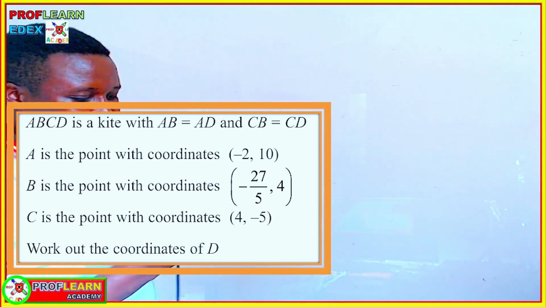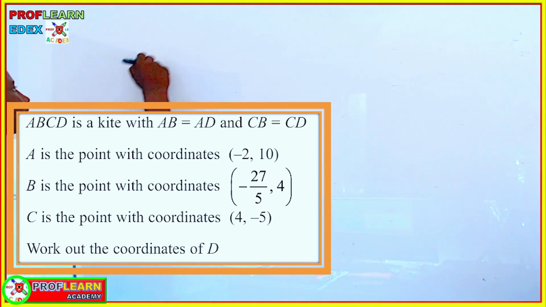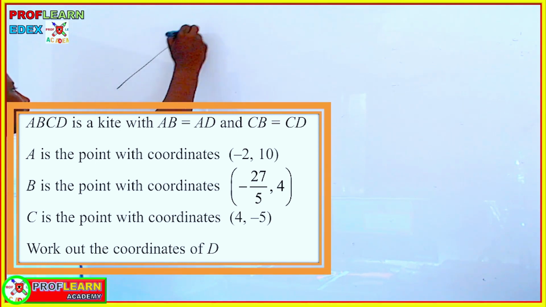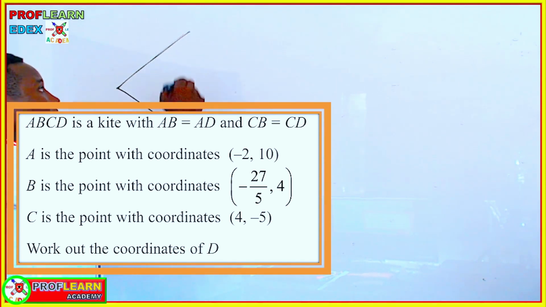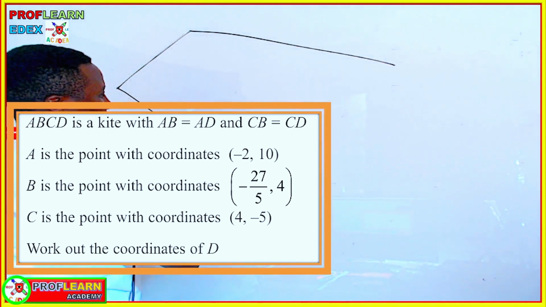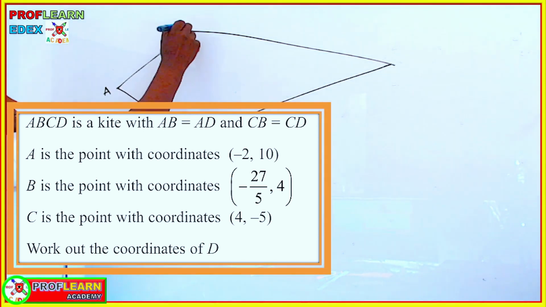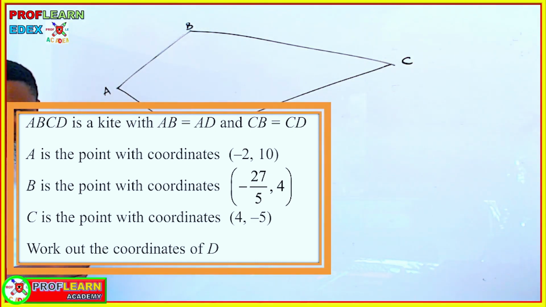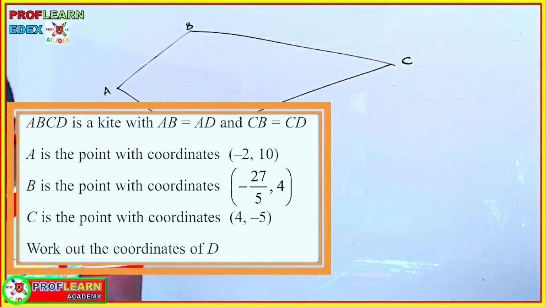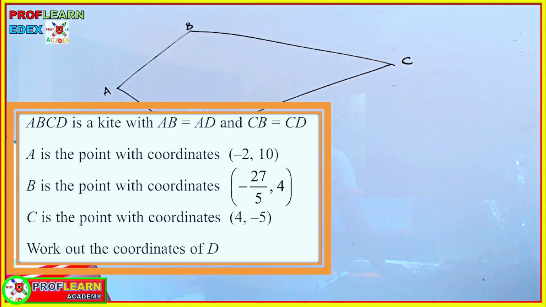Let me just draw this kite. I believe you know how a kite looks. So we can say this is A, B, C, and D. Let's fill in the information we were given.